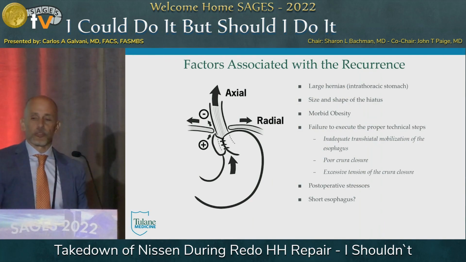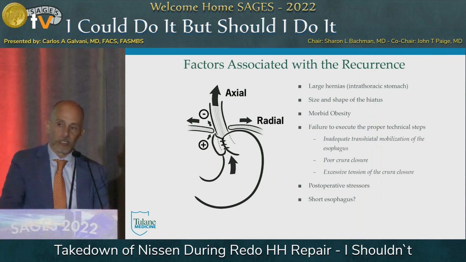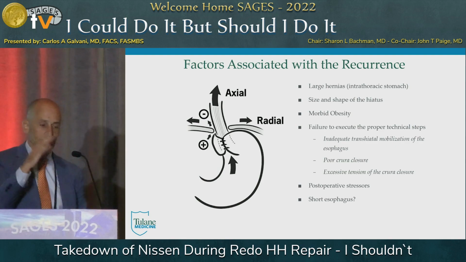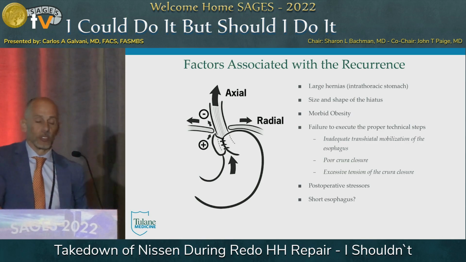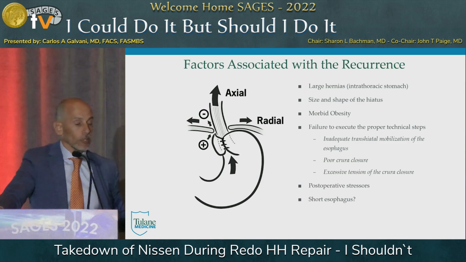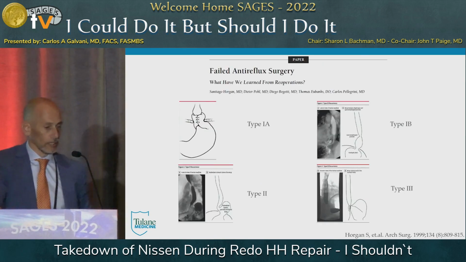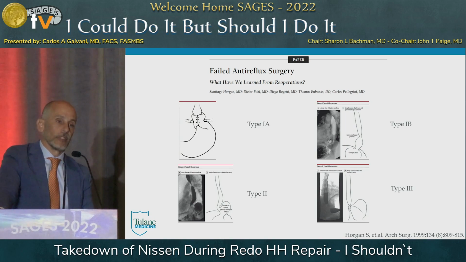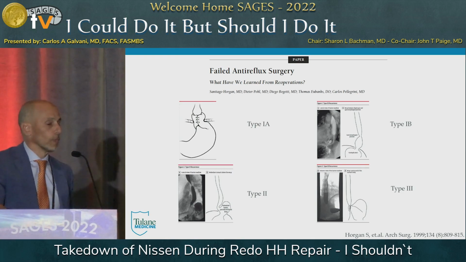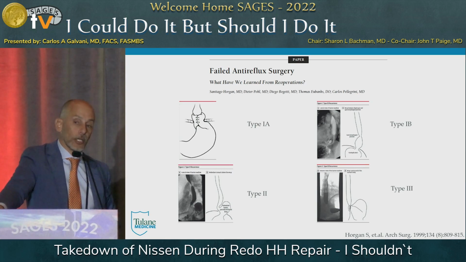The factors that are associated with recurrence of hiatal hernias are not necessarily related to the fundoplication, and you can see them listed there. And there are certain technical factors, like short esophagus, like I had in the previous session. What we know is that the most common type of fundoplication herniation is the most common type of hiatal hernia that we see.